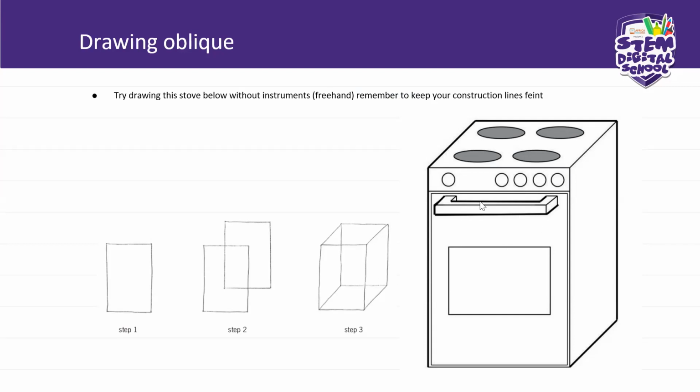Then you can add these other features of the stove to make us believe that this is a stove. And you have your shading there that suggests these are the plates for the stove, all right? So that's your oblique sketching. You can also draw the stove on a grid.